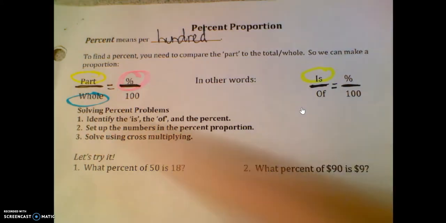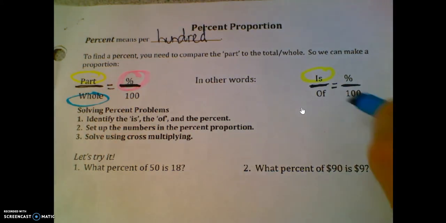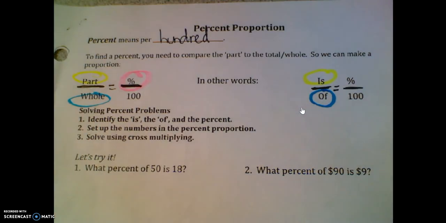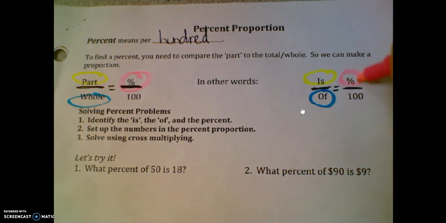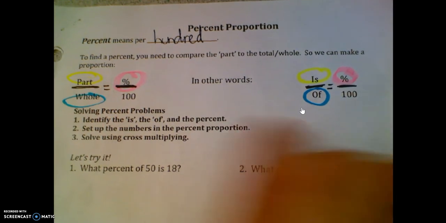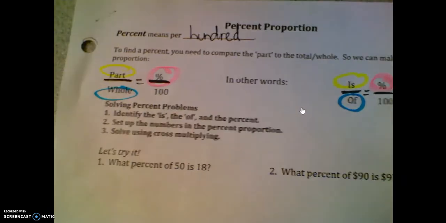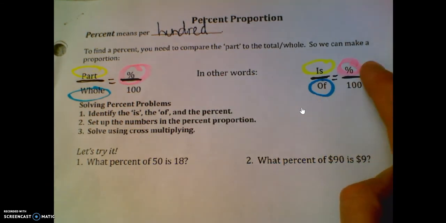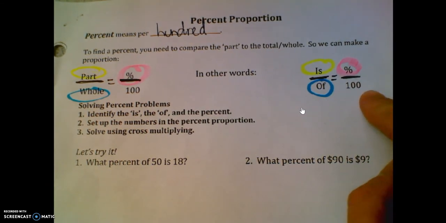So is and part go together. And it was out of a total or a whole of 50. So is and part really mean the same thing, and of and whole also mean the same thing. And then of course the right hand side of our proportion is the exact same, percent compared to 100. So again, you can think of it as part to whole equals percent over 100, or you can think of it as is over of equals percent over 100.